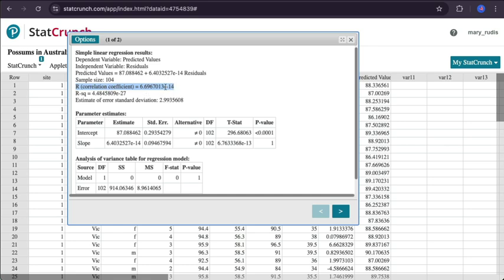And when you see a little E and a negative 14, that means that the decimal has 14 zeros in it before you get to the non-zero 669. So it's like 0.000, 14 zeros all the way out before you get to anything that's not zero. So that exponential notation, E negative 14, means that we have a decimal that is extremely close to zero.